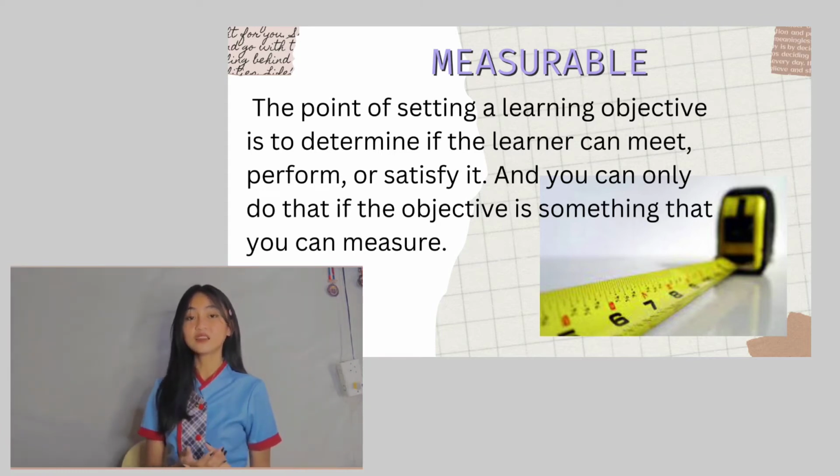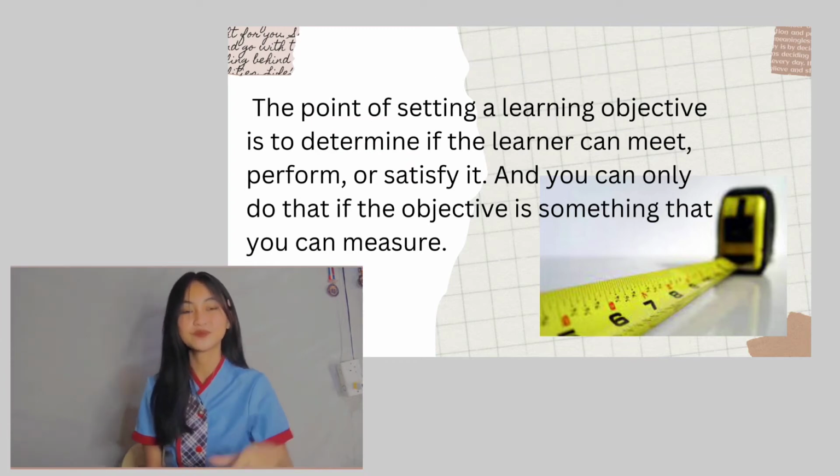And second, the objective must be written so that any objective observer could watch the learner's performance and agree if the objective has been satisfied or not. Don't create a learning objective that can be satisfied only by your own subjective understanding of the performance.